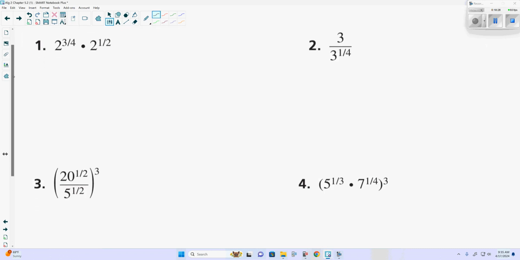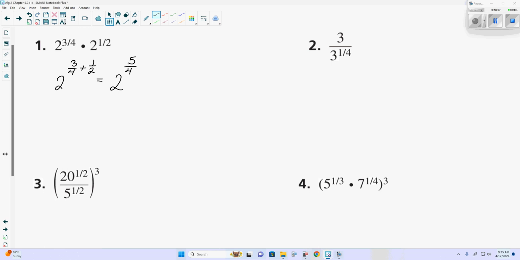2 to the 3/4 times 2 to the 1/2. Bases are the same, so we add the exponents. 2 to the 3/4 plus 1/2. So we're doing 3/4 plus 1/2. Maybe a little bit bigger. 2 to the 5/4.